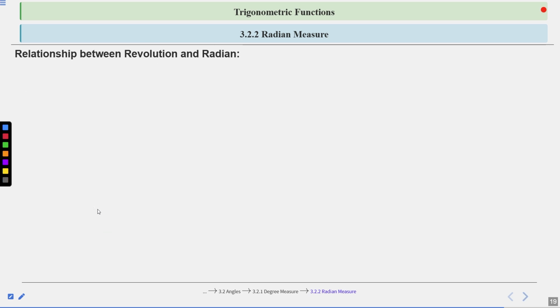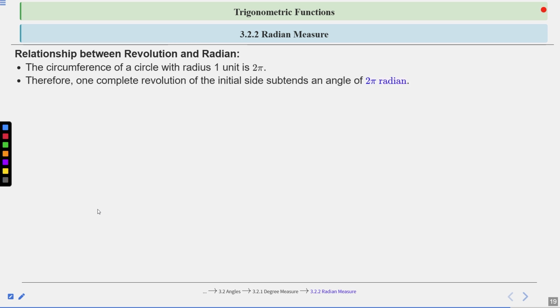Relationship between revolution and radian. The circumference of a circle with radius 1 unit is 2 pi. Therefore, one complete revolution of the initial side subtends an angle of 2 pi radian.